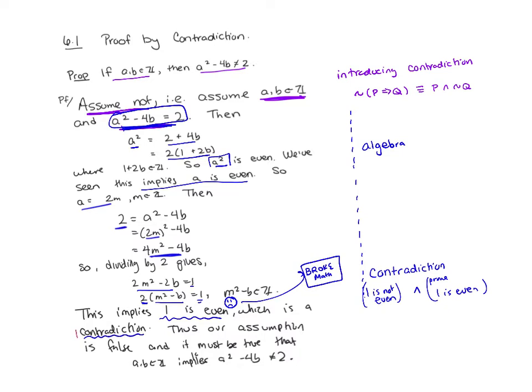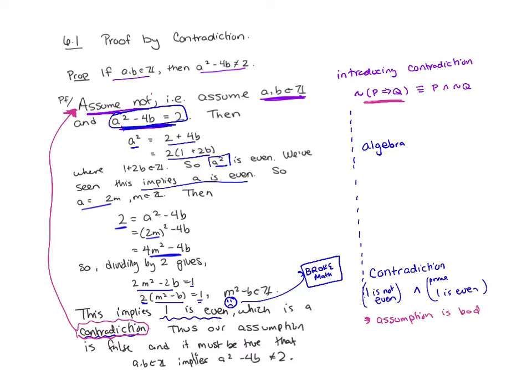Now we have to ask ourselves, why did we actually get a contradiction? Well, way up here, I assumed something that I wasn't sure if it was true or not. I assumed that the negation of my statement is true. So we get this contradiction, which means that the assumption must have been bad, because that assumption led us to break math.